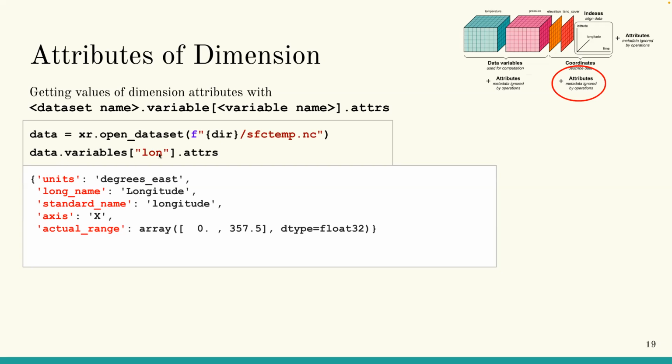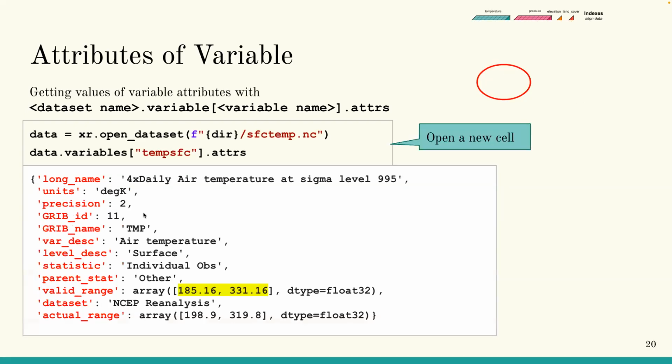Because longitude is also an actual variable in your data, you use the name of your variable, LON in here, to refer to it, and then another dot, and then attrs. You will get the attributes of the longitude.